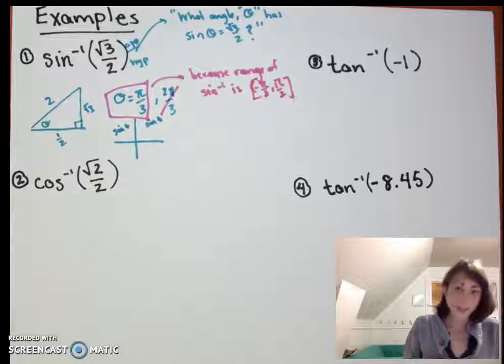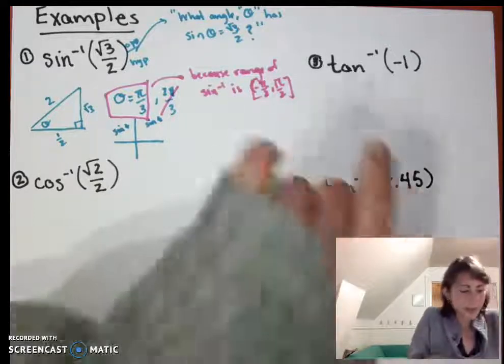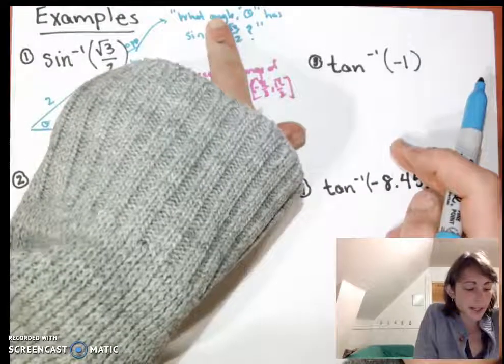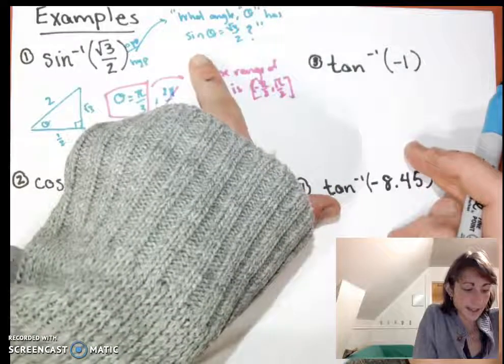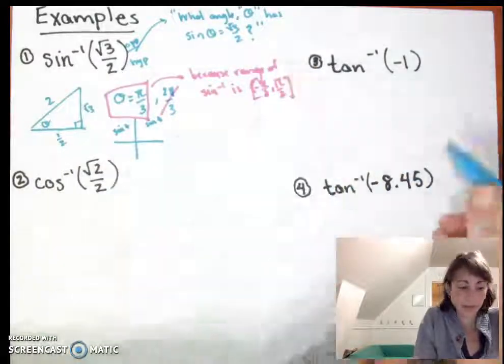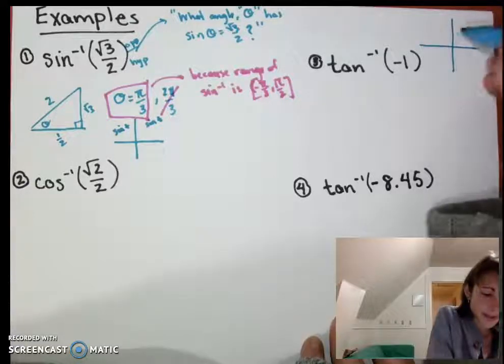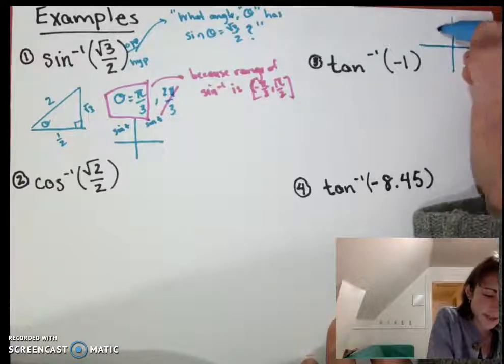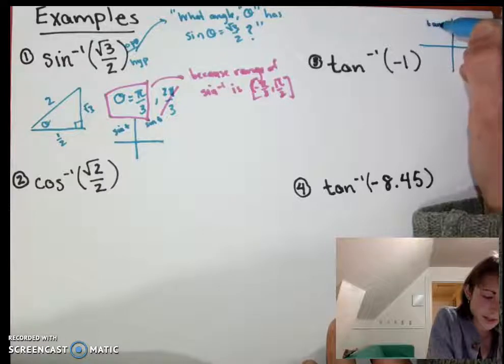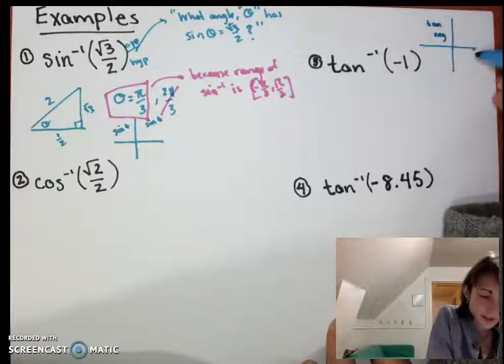Let's do tan inverse of negative 1. Here I'm asking what angle theta has tan of theta equal to negative 1. Remember that tangent is negative in the second quadrant and the fourth quadrant.